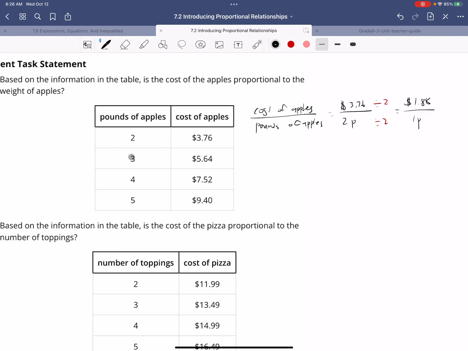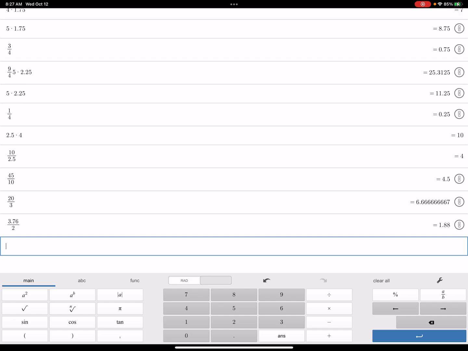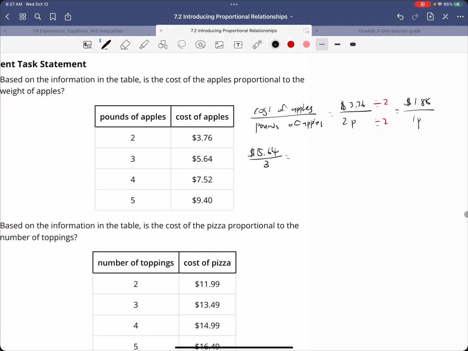I'm going to do it for this one too. It's going to be 564 over 3, so let's do 564 divided by 3. That's going to be 188 as well, so 188 for 1 pound. My guess is it's going to be the same for this one too.